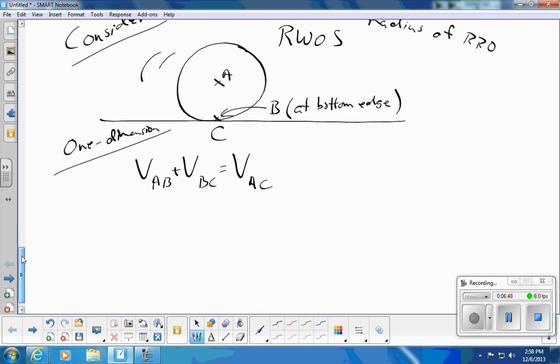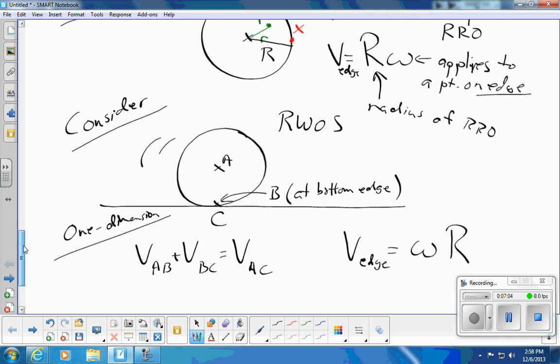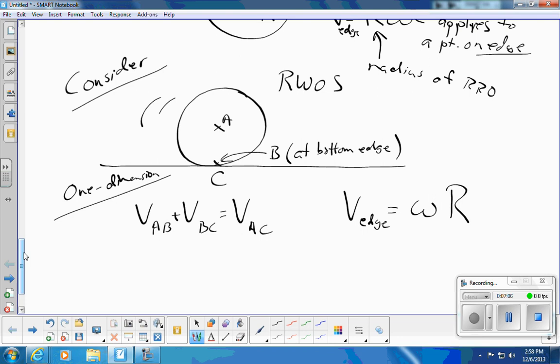In a moment, I'm going to use this relative velocity equation, but before I do that, I'm going to say V at the edge of this wheel is equal to omega times R. I know that because we derived this earlier, and it's written right above here. But what I'm now going to do is apply this edge speed equation in particular to point B. So now I'm going to write this as V of point B with respect to A, because the velocity at the edge of this rigid rotating object is measured relative to the axis.